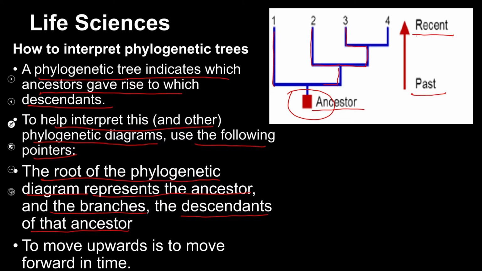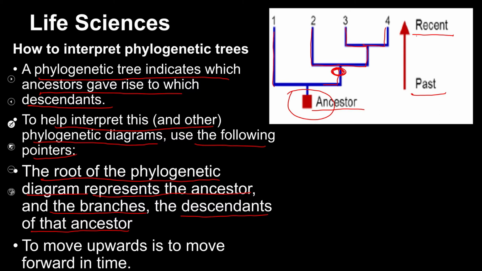So when we have a look at the common ancestor, we say this organism was the common ancestor of all of them. However, if I say this one here is also a common ancestor, but it's now no longer the common ancestor of species 1, because it's now branched off.